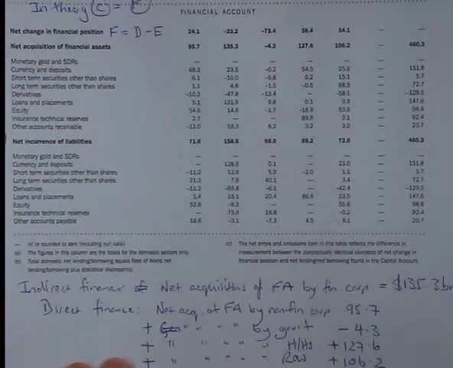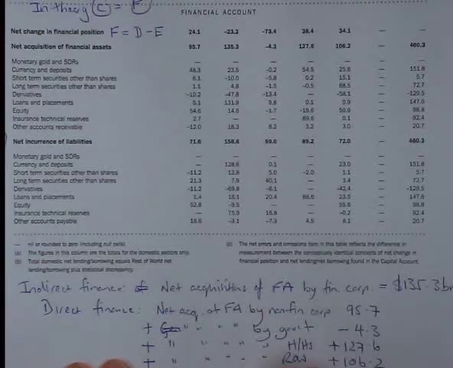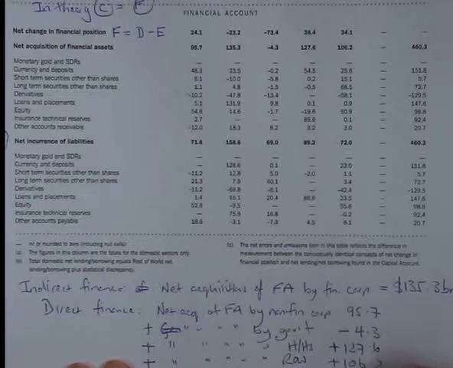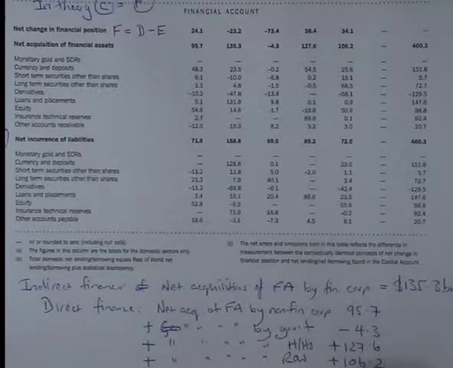And then we have to take away the net acquisition of financial assets by financial corporations. So that's minus 135.3. And that all works out to $189.9 billion.